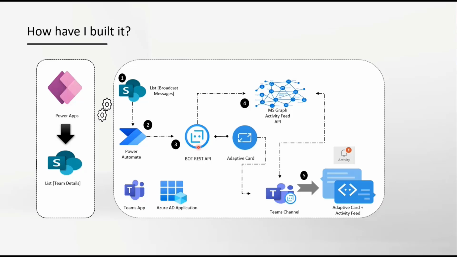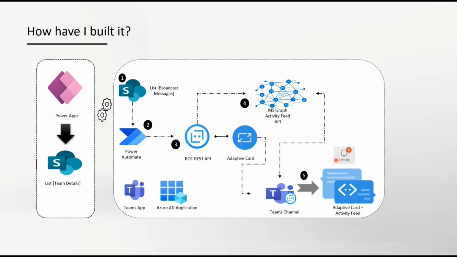We are doing it with the help of Power Automate. Once this REST API posts the adaptive card in the team, it gets the message ID of that adaptive card message, and it uses a Graph API endpoint to send the activity feed. So that is how it works here.